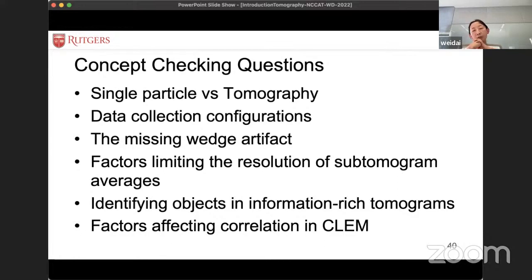Because I know you will have separate lectures on subtomogram averaging, I prepared some slides on how you can identify objects from tomograms. Those are very information rich. In very simple words, CLEM is the one people mostly use right now. But there are other ways, for example, computational approaches like template matching, or you can use biology, for example, performing mutagenesis to get rid of that protein to see what happens.